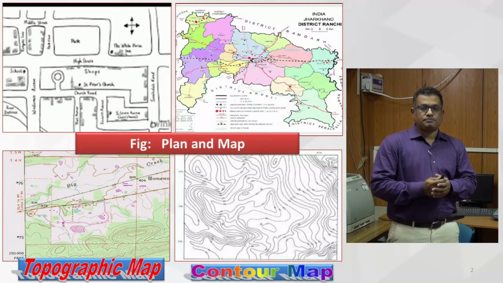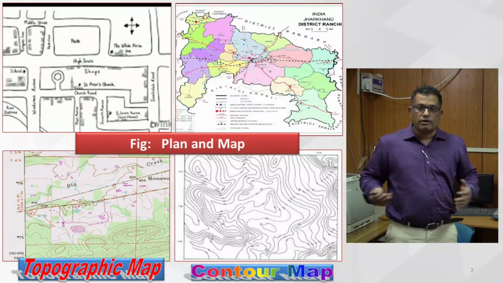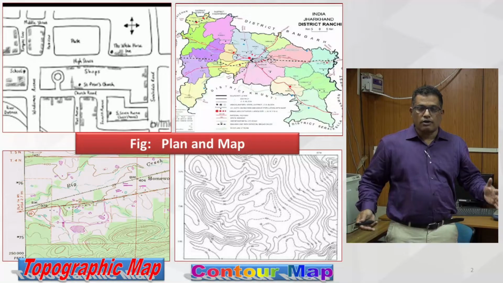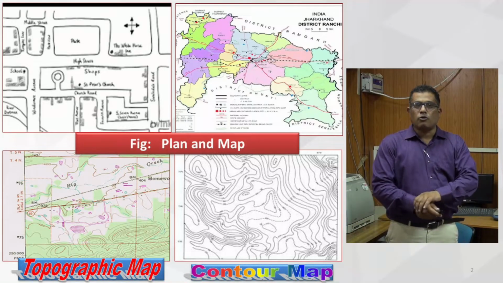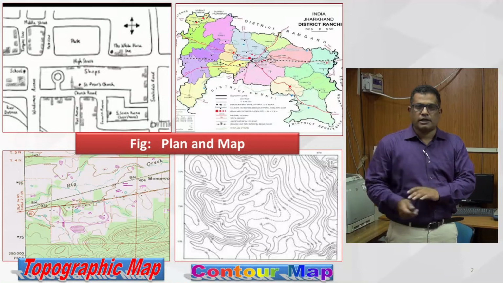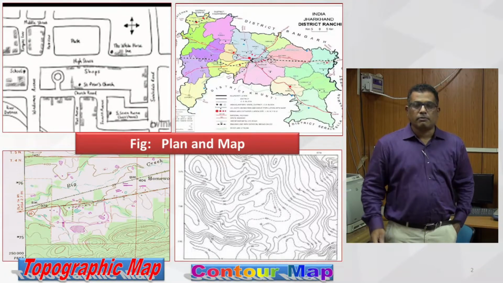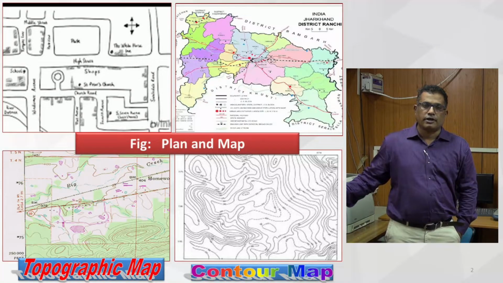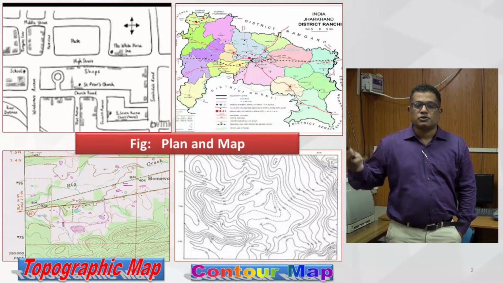And if we have to survey a wider area, if our outreach is large, then we have to go for a smaller scale, say 1:10,000, 1:20,000, 1:50,000. The topographic maps available from the Geological Survey of India are in 1:50,000.